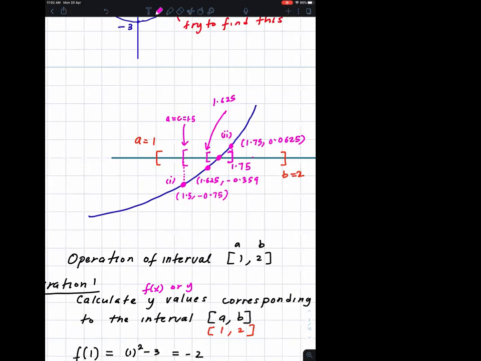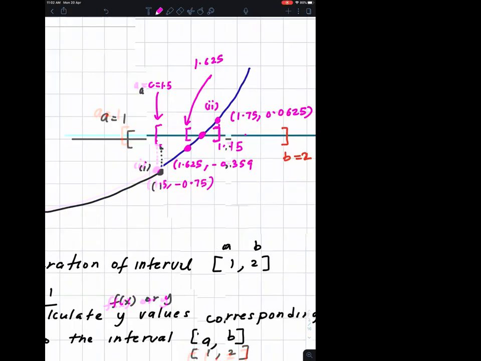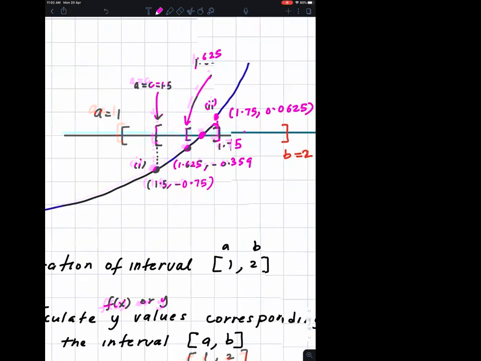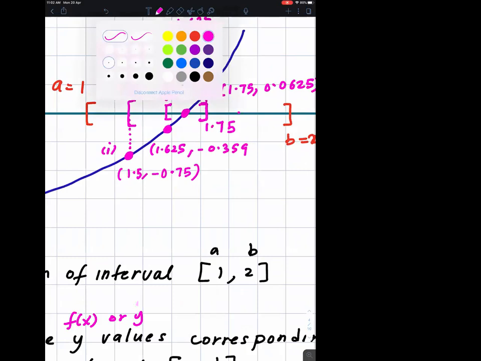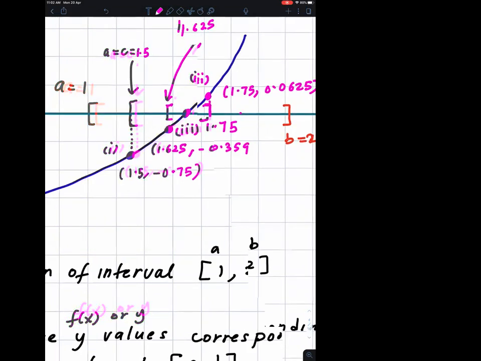Now you can see it's below the x-axis. What we have done for each iteration is squeezing the interval toward the root. This is the Roman number 3. Sorry about the mess.